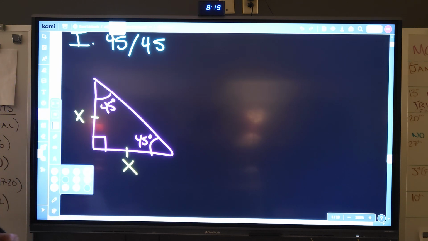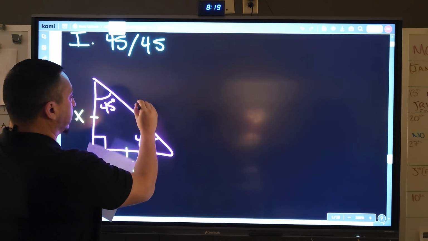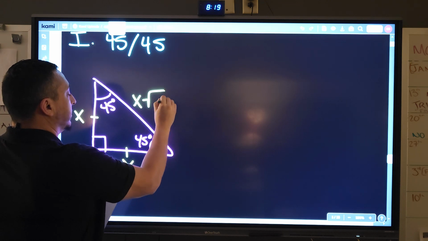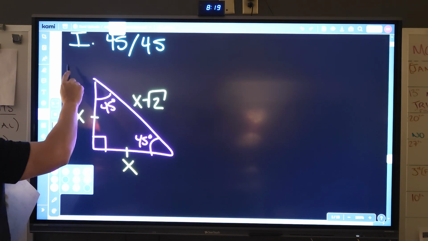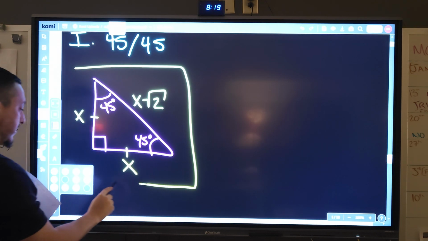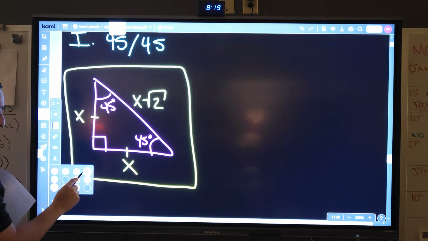Again, it has to be the same length. And then if you do the Pythagorean theorem, we know the hypotenuse would equal x square root of 2. So this is like the formula, I guess you could think of, for a 45 degree angle.